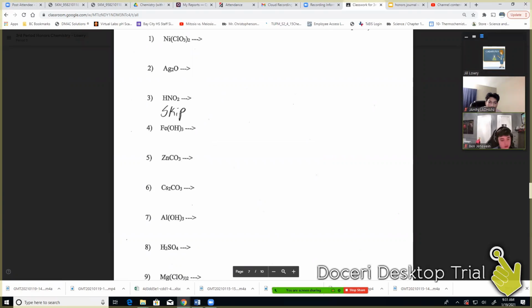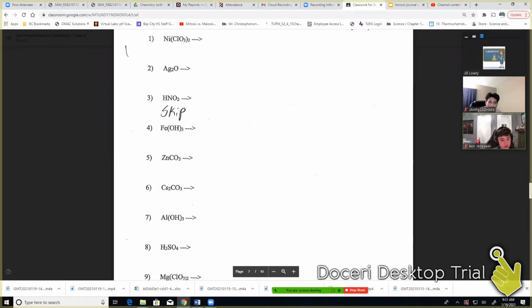So if I look at this, I have nickel, which is a metal, and ClO3 is chlorate. That's my chlorate polyatomic. So this is a metal chlorate. So what I would do is go down all of my examples of that. And which one does that match up with? What number on your examples?